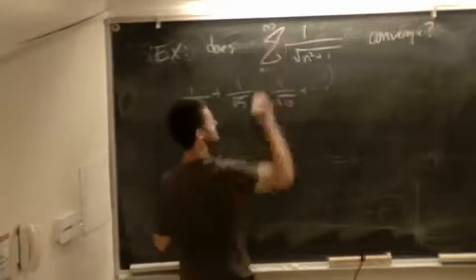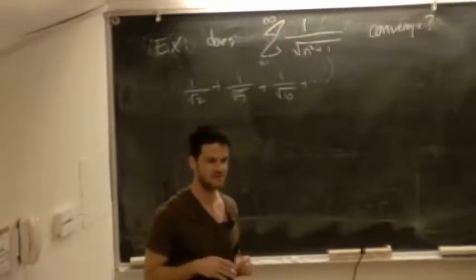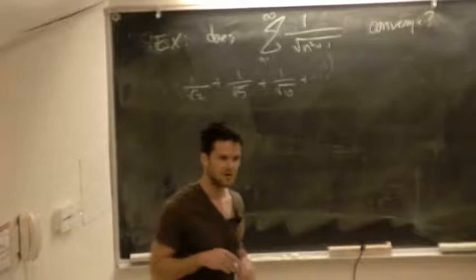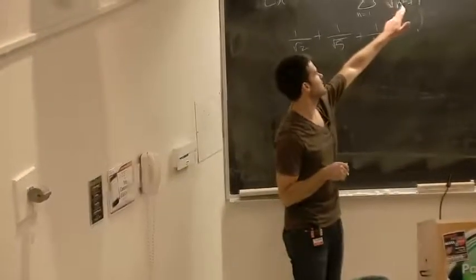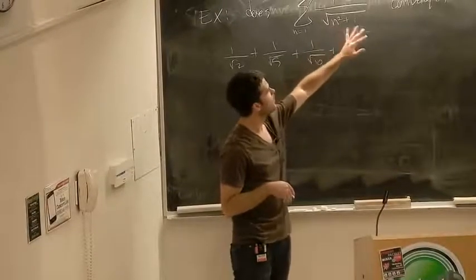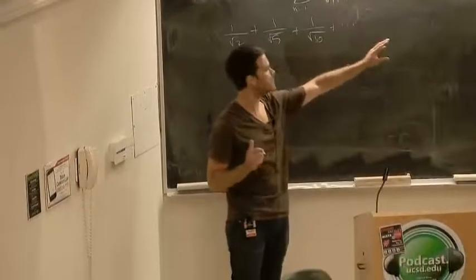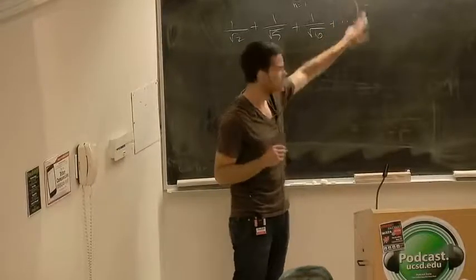So what do you guys think? Any intuition on this one? You should look at this and see the square root. When n is really big, this 1 is kind of inconsequential.